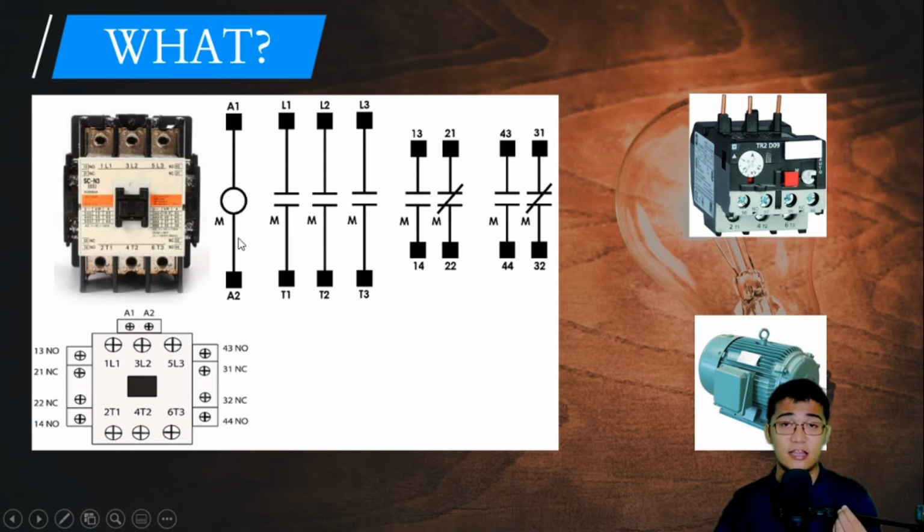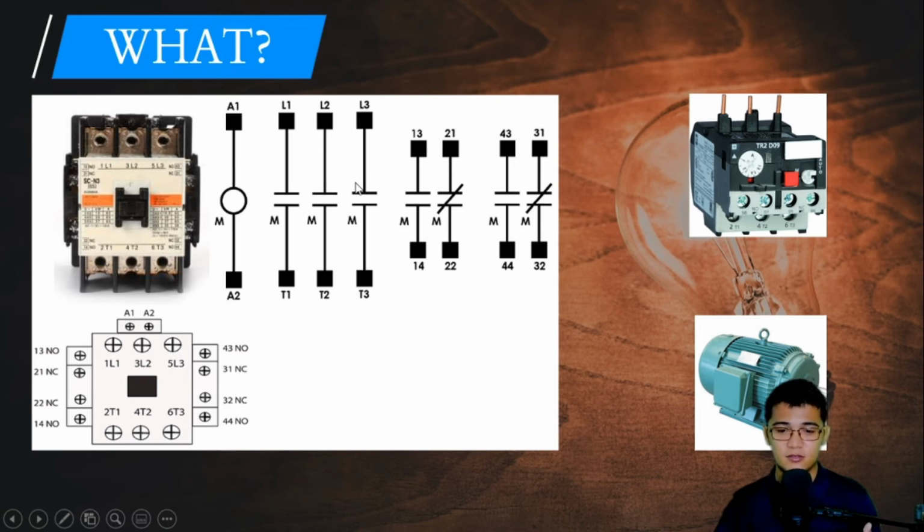This is actually the electromagnetic part, meaning kapag merong kuryente na dumaan dito sa coil na ito, these contacts will actually change its state. Okay? So sir, ano ba yung contact? So this one is actually a normally open contact. So makikita natin there is a gap in between these 2 points. So ang tawag dito is normally open, meaning at its initial state, hindi makakadaan yung kuryente.